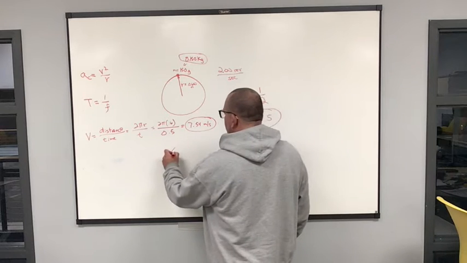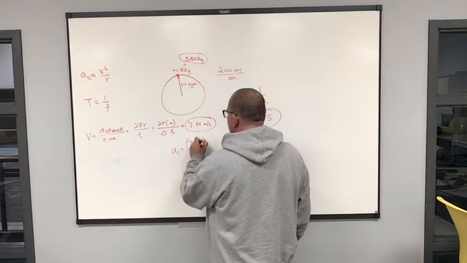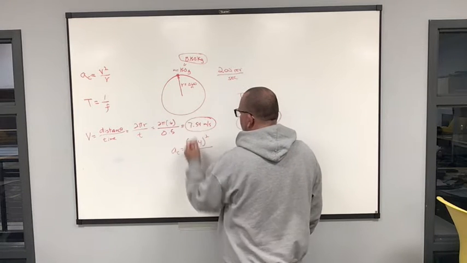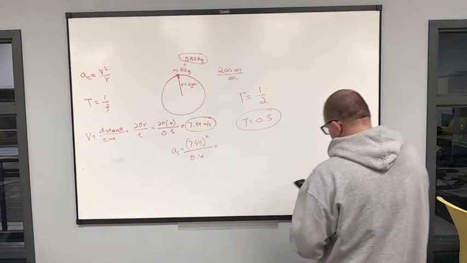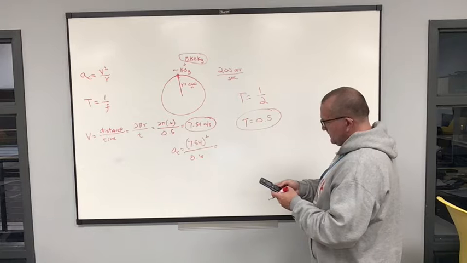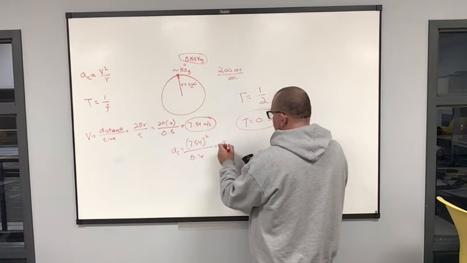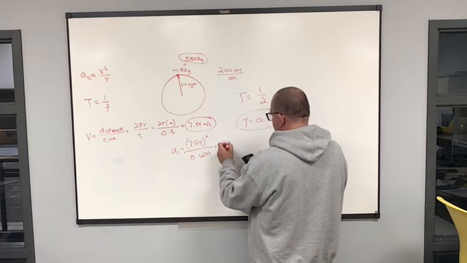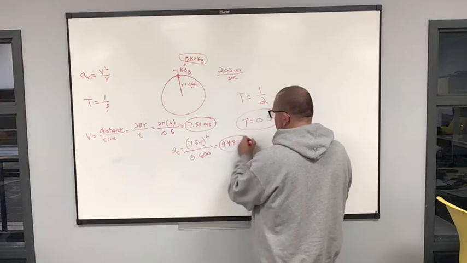And now, to solve for centripetal acceleration, I take 7.54 and square it, divided by my radius, 0.6, and that would be my centripetal acceleration. 7.54 squared divided by 0.6 equals, 3 sig figs, so 94.8 meters per second squared.